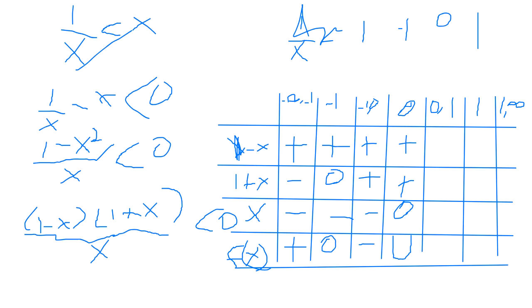Okay, good. Now, between 0 and 1, we can also pick positive half. Can we see that? Now, if I put positive half in place of 1 minus x, what will I get? Positive. If I put half in place of x here, what will I get? Positive.